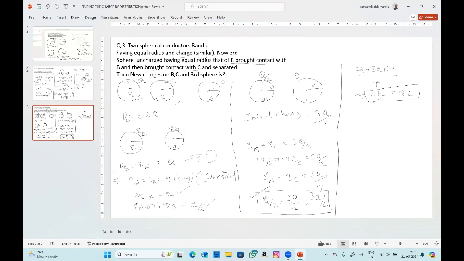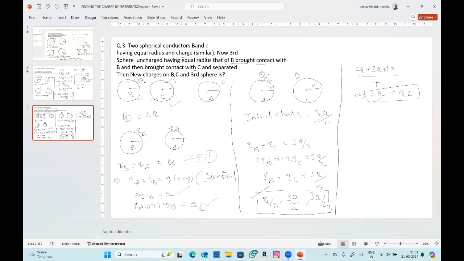So now the initial charge of the system of three spheres is 2Q. Here you can take different radii or different charges. The third sphere can have some other, different charge, like 2Q plus 2Q or minus 2Q minus Q. That is another model.